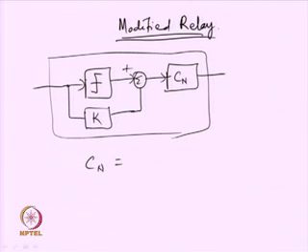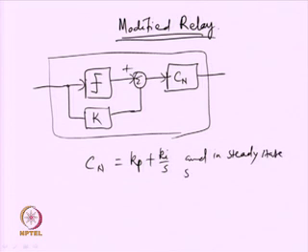Let us start with a simple PI controller. So, when Cn is given in the form of Kp plus Ki upon S, and in steady state, S tends to 0, that we know. Okay. Then Cn can assume a large value in steady state.